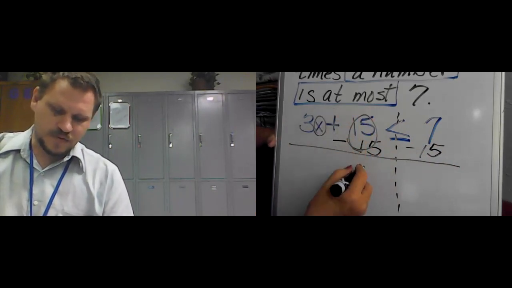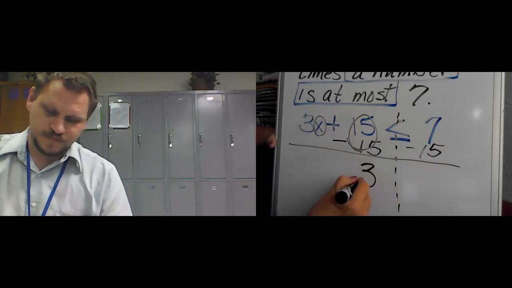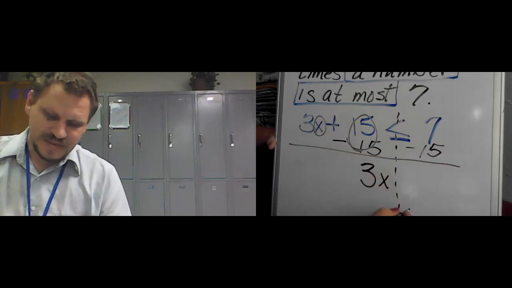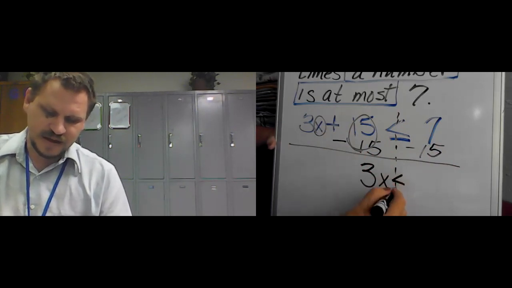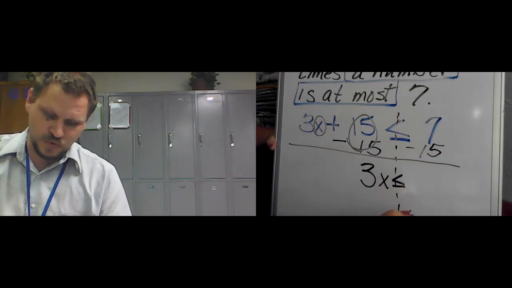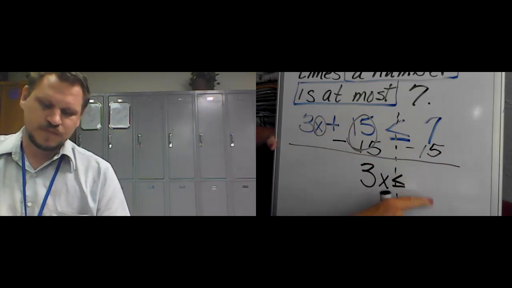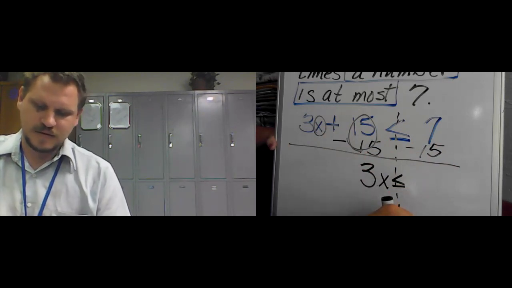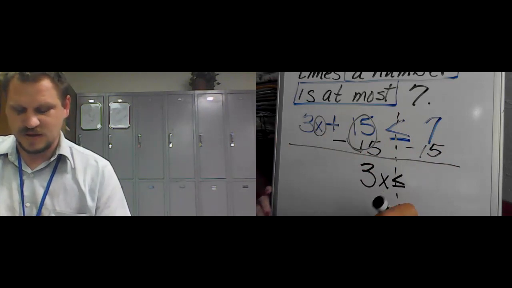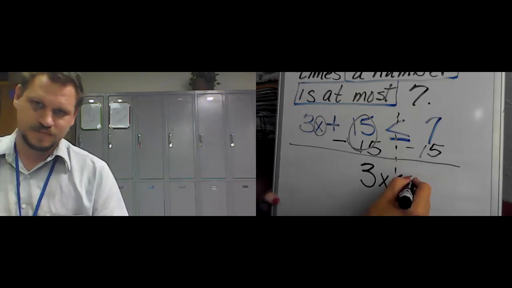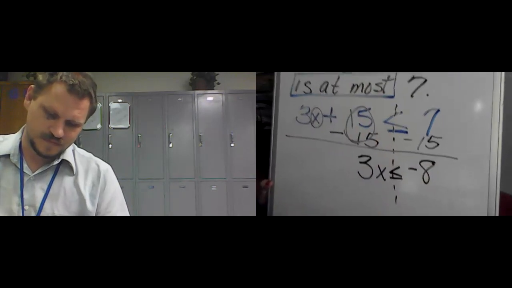We bring down the 3x, as well as the less than or equal to. And then we also do 7 minus 15. Well, you're taking away, so that's going to be a -8. Perfect. And then circle the variable.